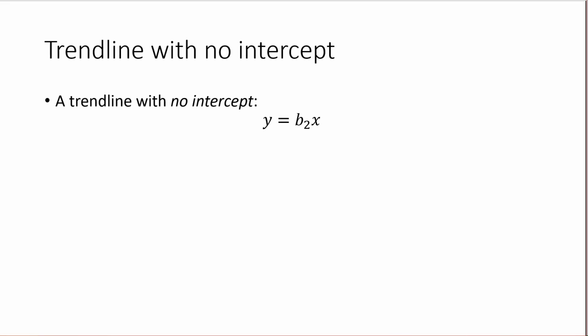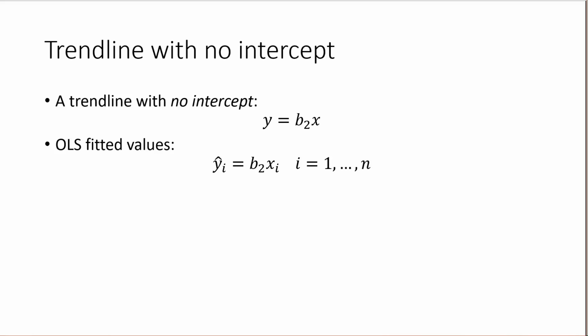So if you have a trend line with no intercept, B1 is 0, then the fitted values, which usually when we have a trend line with intercept is defined as B1 plus B2x, are now going to be defined as just B2 times x, simply because we have forced the intercept B1 to be 0.